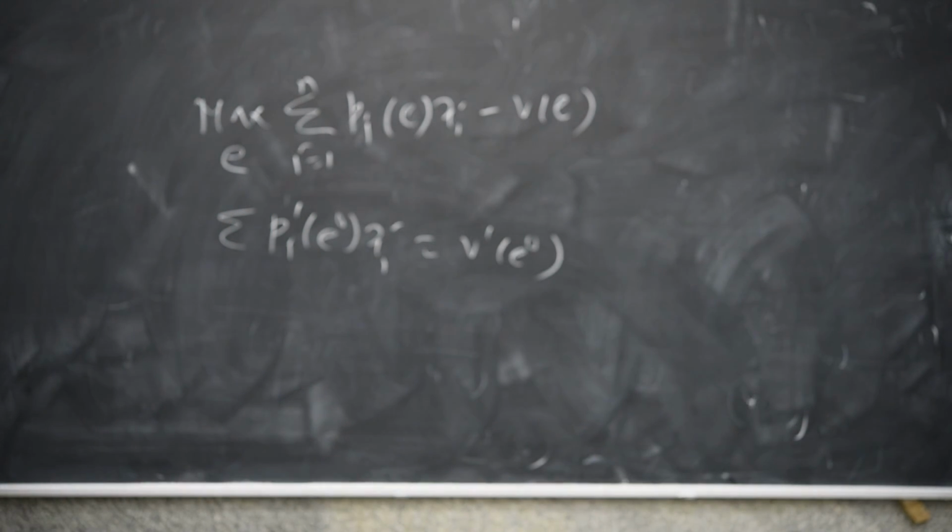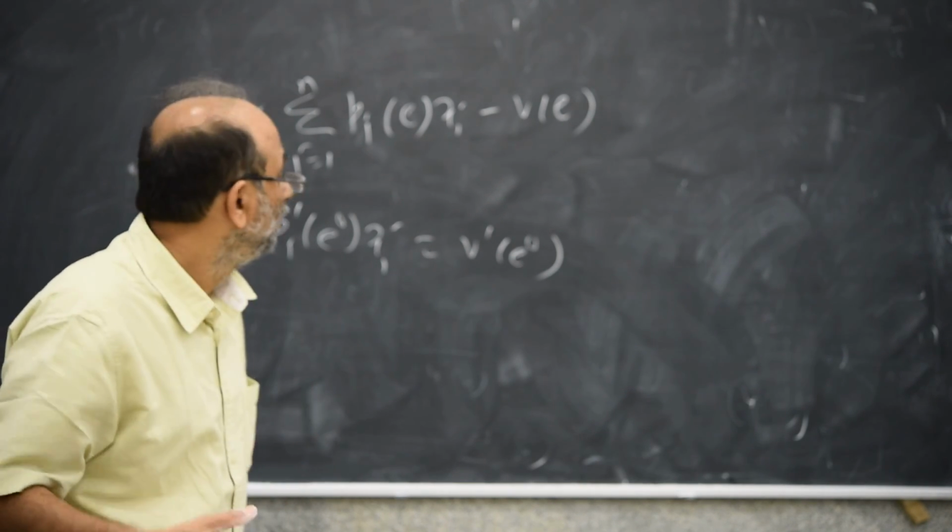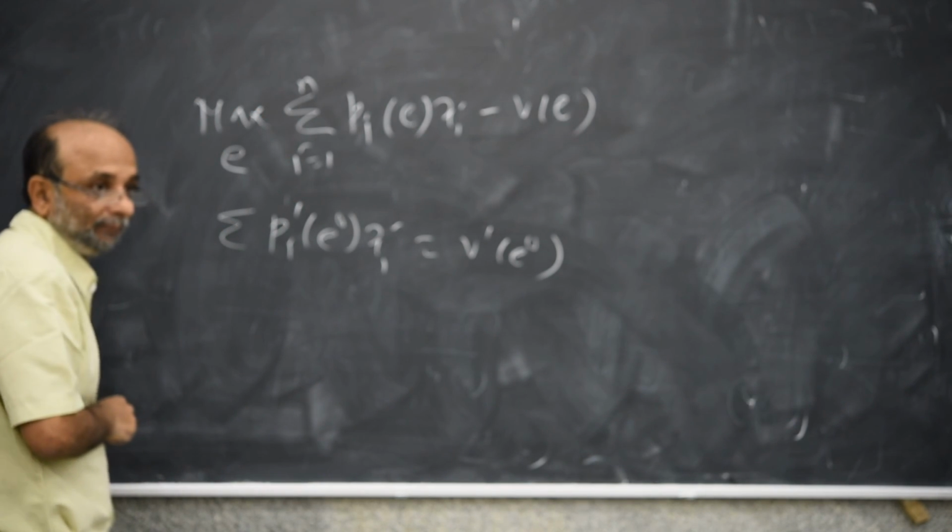What is the second order condition? When is this optimal? When is the solution that you get from this, E0, the optimal solution? When the second derivative is negative. So what is the second derivative?